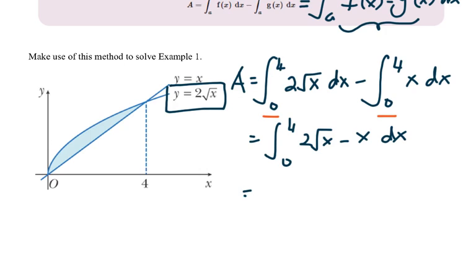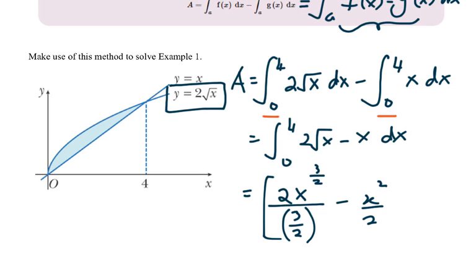Now you can start your integration, where this is 2x to the power of 1 over 2 plus 1, so you will get 3 over 2 divided by 3 over 2, minus x squared over 2, close bracket, with the limits from 0 to 4.